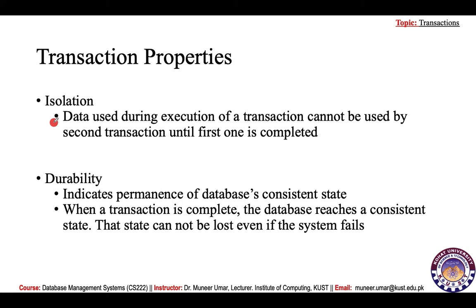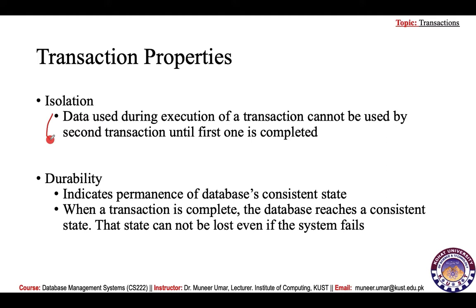Data used during execution of a transaction cannot be used by another transaction until the first one is completed. So, if a transaction is performing some task on a particular set of data, let's say on a table or a row or column in a table, so that part would be kept isolated and that would not be accessed by other transactions.